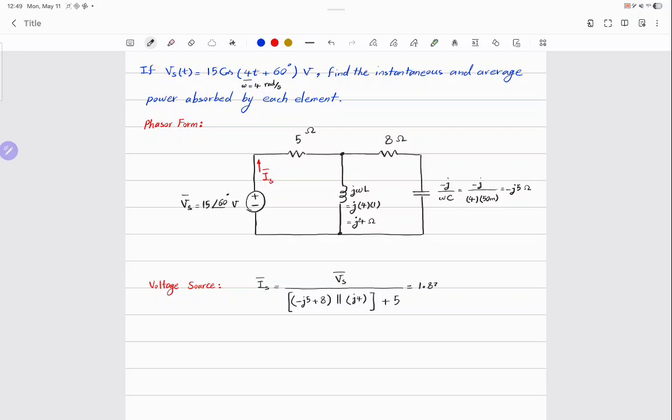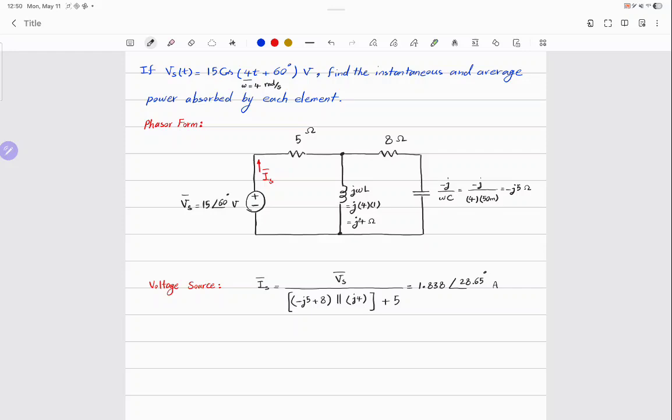1.838 angle 28.65 degrees amps. One question. Luke, did it give you rectangular form or polar form? And you changed it to polar by default? Why? Hold on to that. Let's go to the next step and see why.